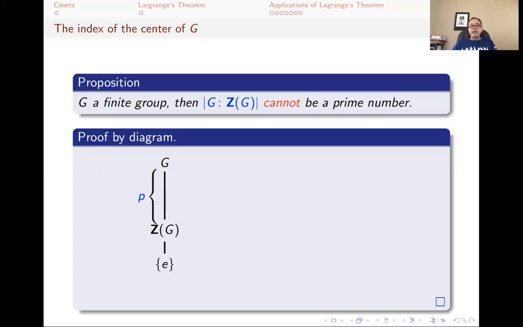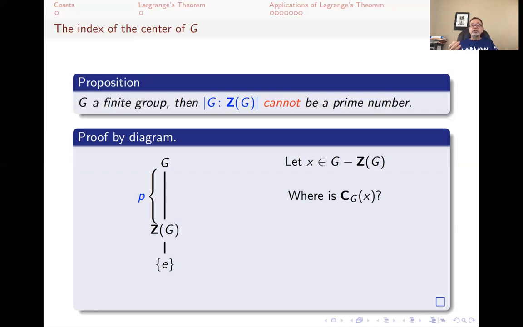All right, then what? Then I'm going to do the thing we've always been doing: pick an element X of G that's not in the center. And then ask, where is the centralizer of that element? Instead of asking what's the size of the centralizer, I'm going to ask, where is the centralizer?